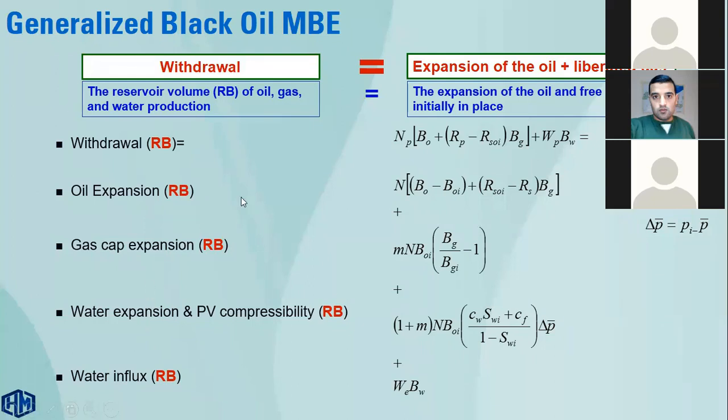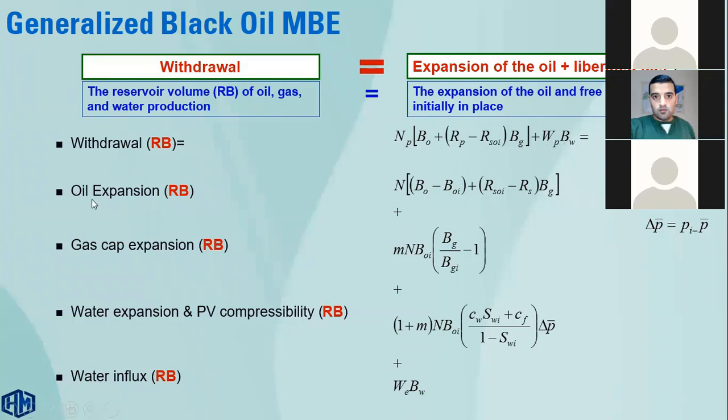For example, we have withdrawal from oil production in reservoir barrels, as you can see. So we have Np plus Rp plus Wp, cumulative oil, cumulative water, and cumulative gas production.